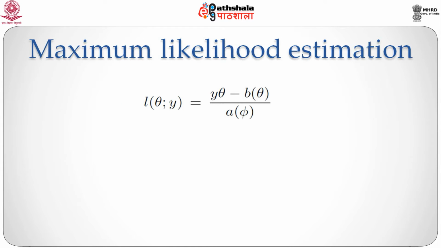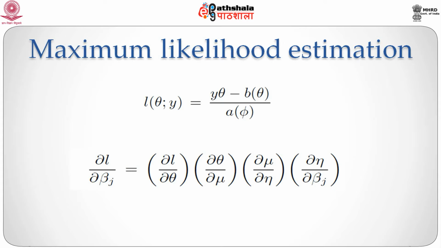Maximum likelihood estimation for this family. Note that assuming a single observation, we can write the log likelihood as L of theta, y equal to (y theta minus b theta) by a phi, so that using the chain rule, del L del beta j can be written as del L del theta into del theta del mu into d mu d eta into del eta del beta j.